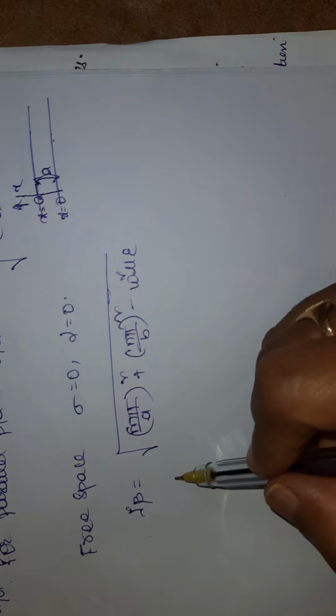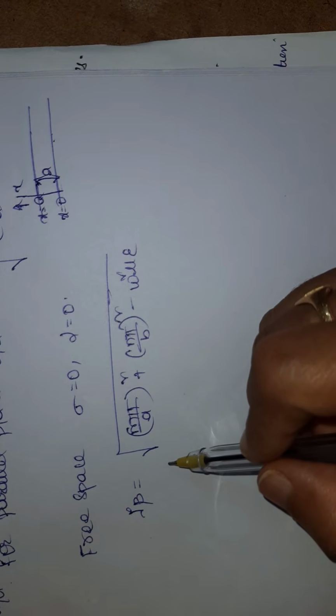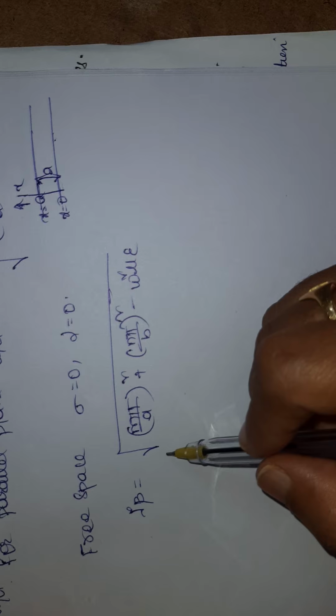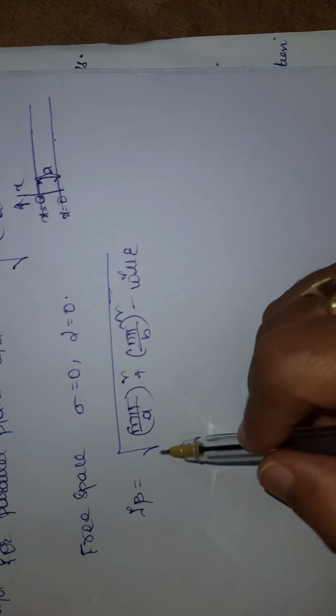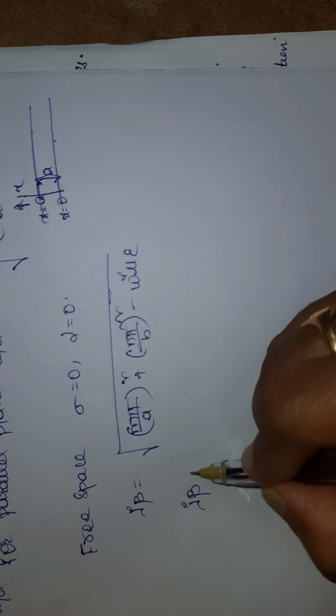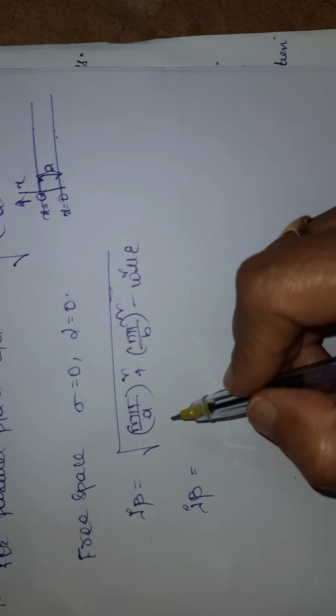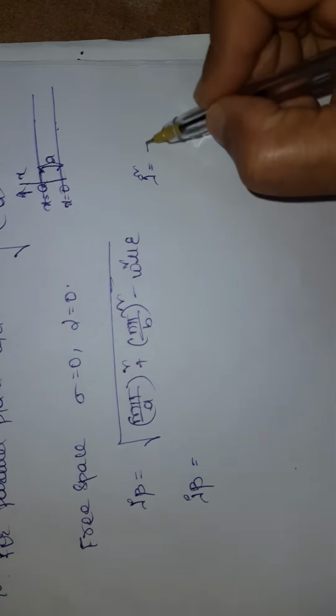Now what I am doing is, we know that j square is equal to minus 1.